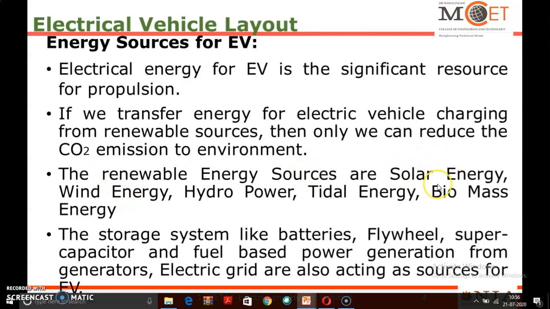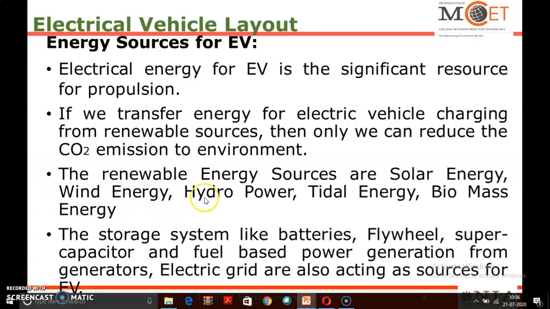We know that electricity can be generated from a solar power plant with the help of sunlight as a resource, and wind energy we can generate in a wind energy system. We can generate electricity with the help of wind in wind power generation systems.